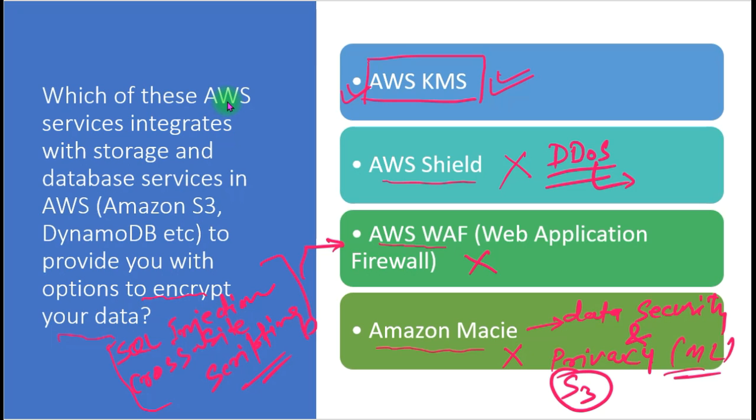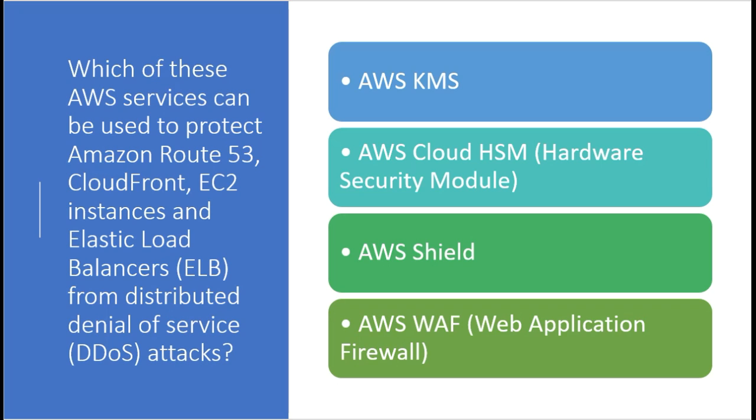Now let's talk about the next question. In this question they are asking which of these AWS services can be used to protect Amazon Route 53, which is like DNS in AWS, CloudFront, EC2 instances and Elastic Load Balancer from distributed denial of service attacks.